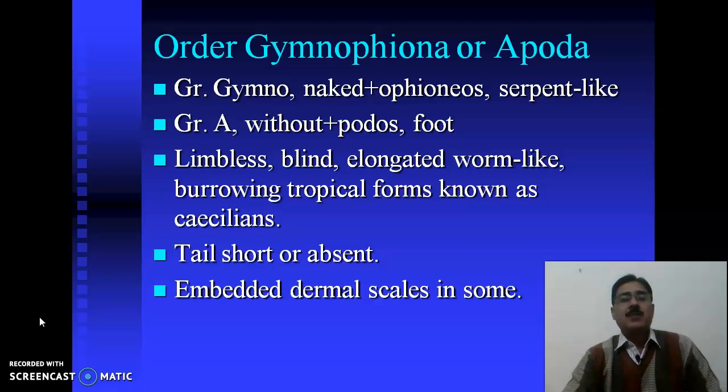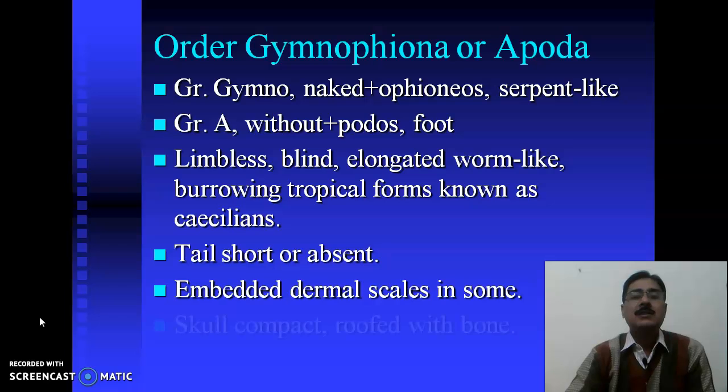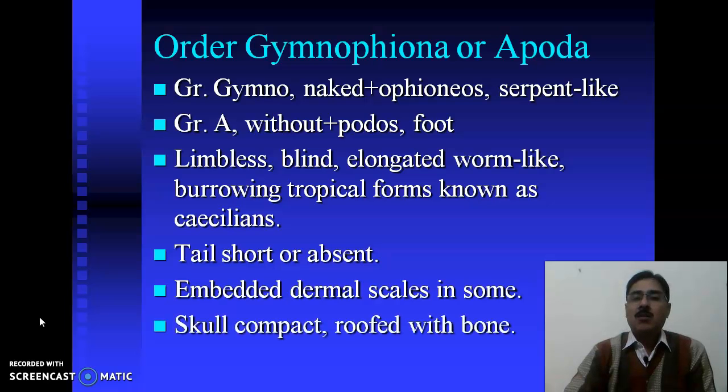They are characterized by certain dermal scales which are generally found embedded in their skin, and certain folding is also present in their skin. The skull is compact and it is roofed with bone. Limb girdles are absent.